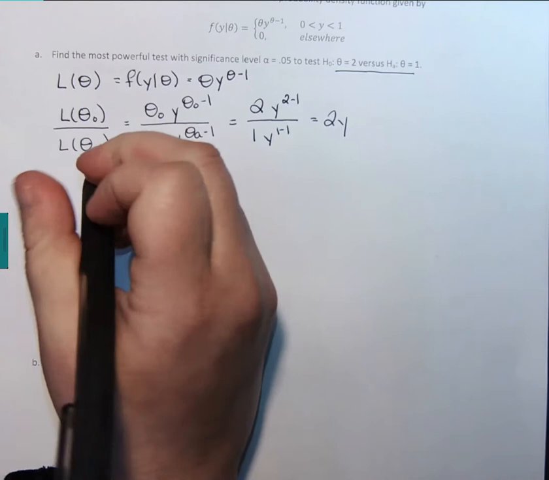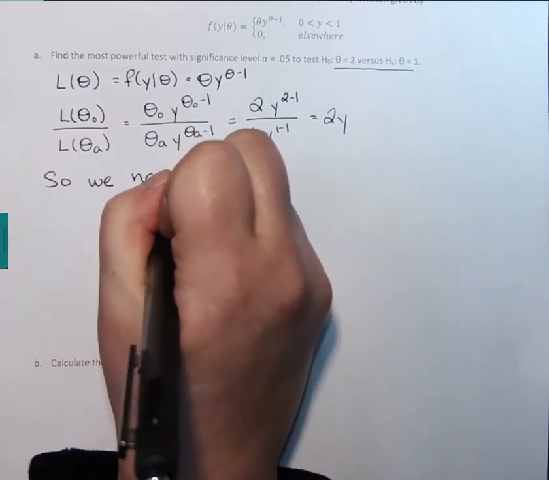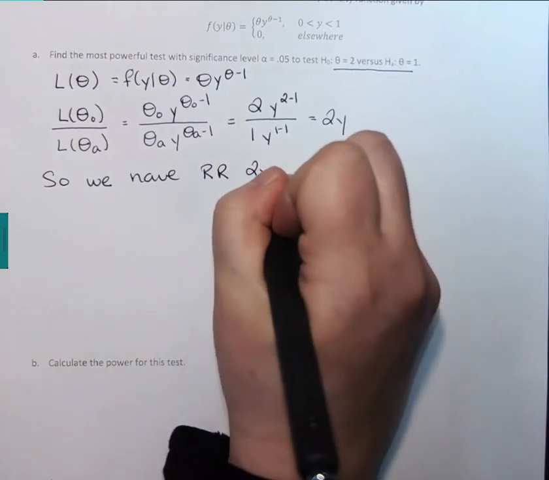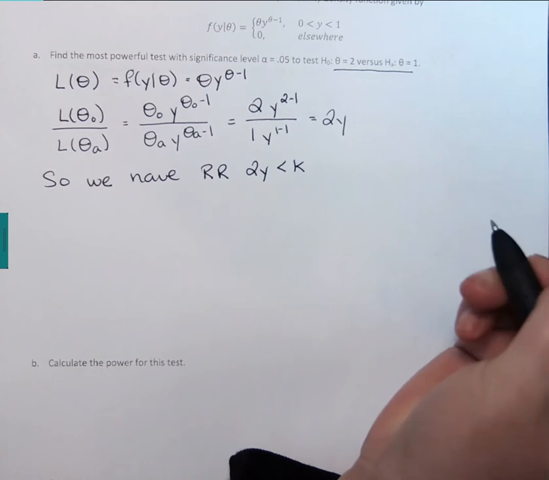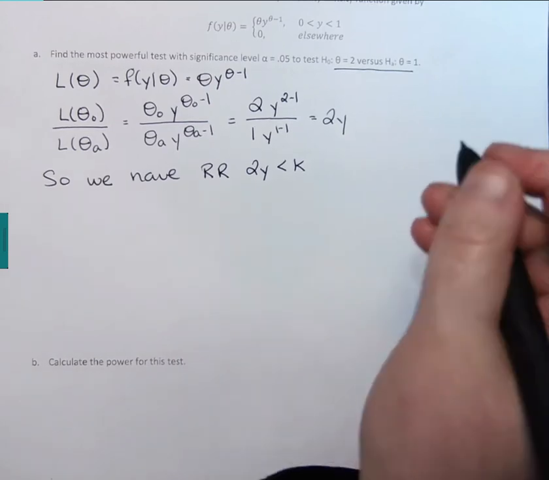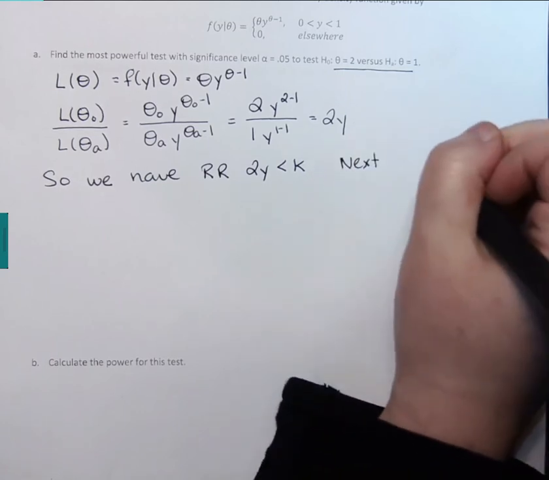So what this tells us is our rejection region is going to be 2y less than k. So we could stop here, but what we want to do is find k so that alpha is equal to 0.05.